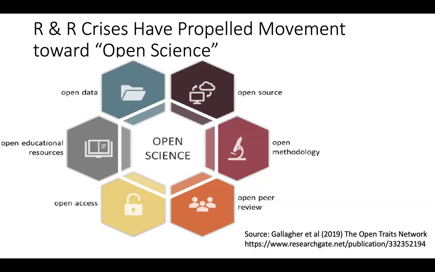But this is going even a step further. It's saying that your data not only are available if somebody challenges them, but they're available for other people to work with. So open data means wide accessibility of data, and that permits the investigation of the reproducibility of findings.